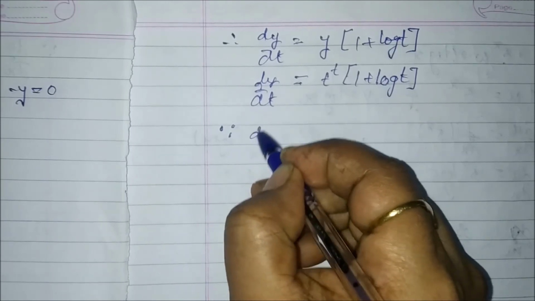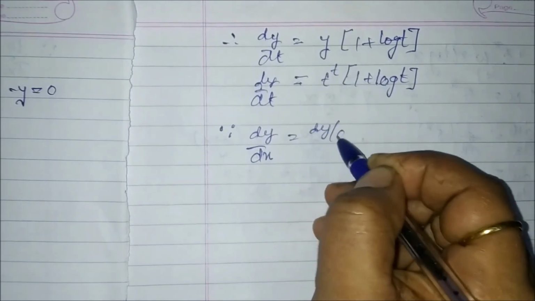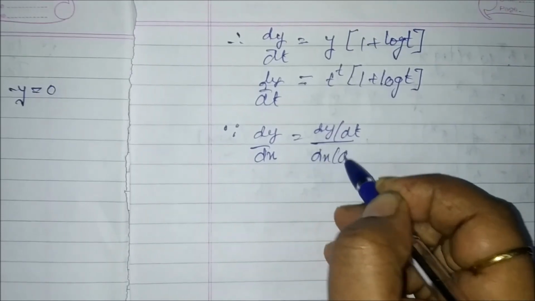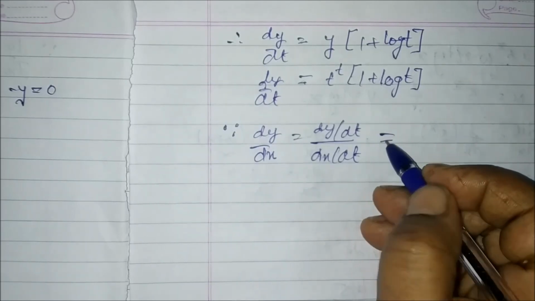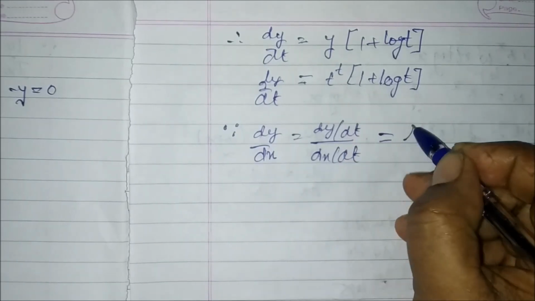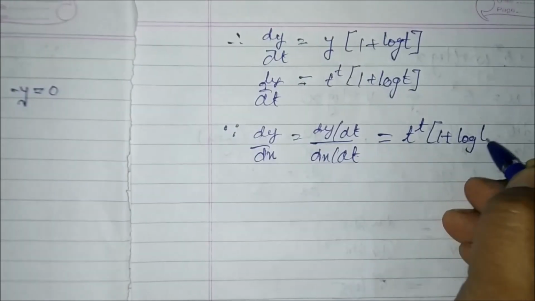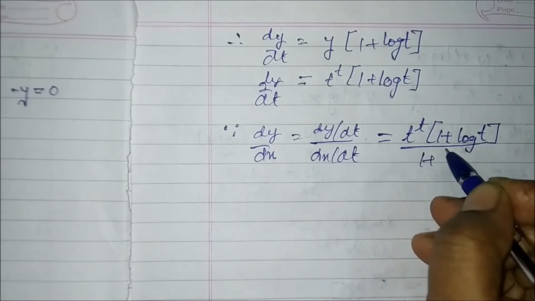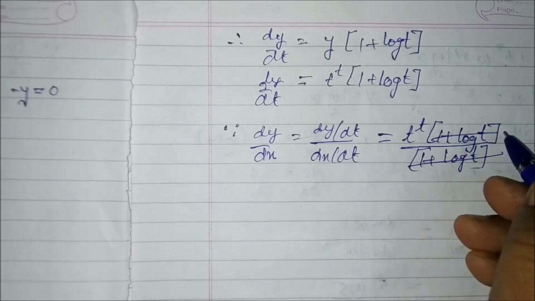Since we have to find dy by dx, dy by dx is equal to dy by dt upon dx by dt. Dy by dt is t raised to t into 1 plus log t, upon dx by dt, which is 1 plus log t. This is the same, we cancel out here.